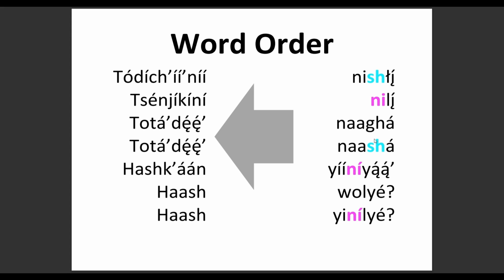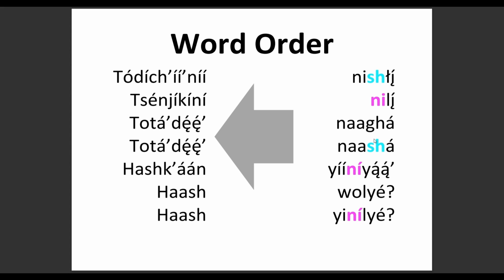So the object begins the sentence and the verb goes at the end, and it does not contain a postposition. So here the left column contains the object, and the right column contains the verb. Pay attention to the color now, because in blue is the first person marker, SH, which is I, and the magenta color is the second person, N, which is you.